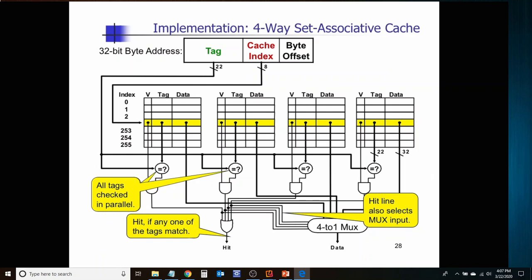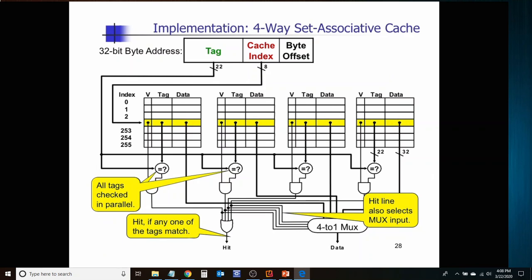We are going to use the cache index to select the appropriate set. So there are 8 bits for the selection of one out of the 256 elements here. And once we select that, you could be interested in slot 1, 2, 3, or 4.